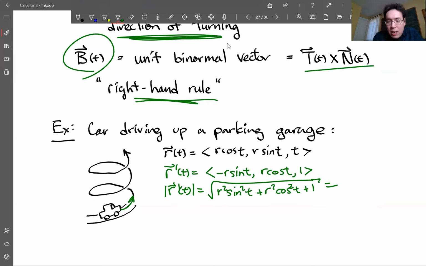Okay, in the first two terms inside of the square root, if we factor out the r squared, we get sine squared plus cosine squared, which is always equal to 1. So the magnitude of this velocity vector is the square root of r squared plus 1. So our unit tangent is going to be exactly this vector, except I divide by this given speed at which you are driving your car.